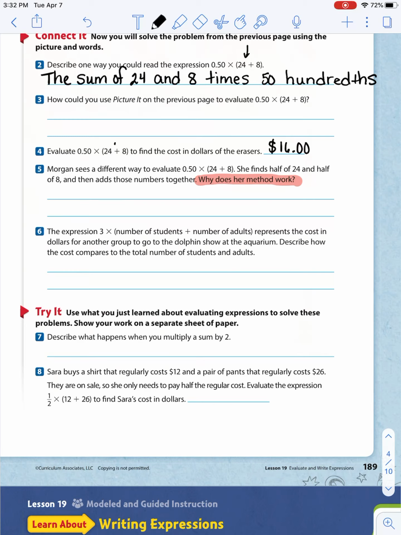Okay, so it says that she finds half of 24. Well, half of 24 is 12. And then half of 8 is 4. Then she adds those together.